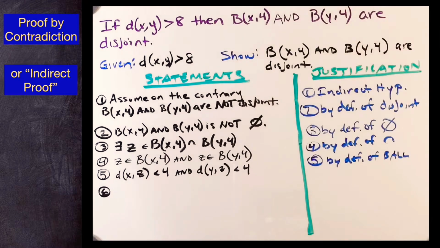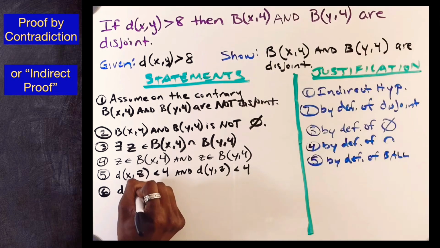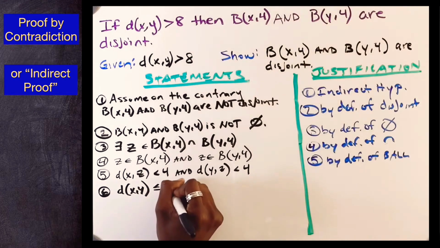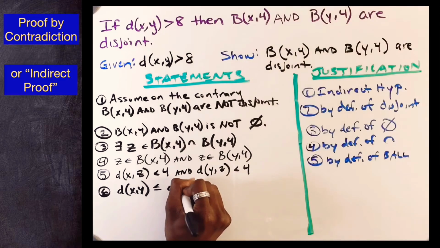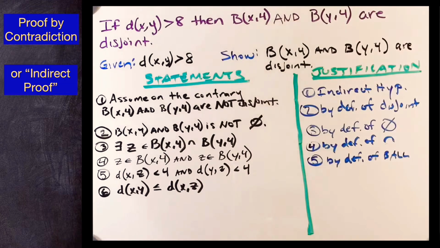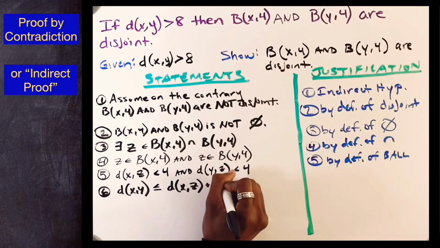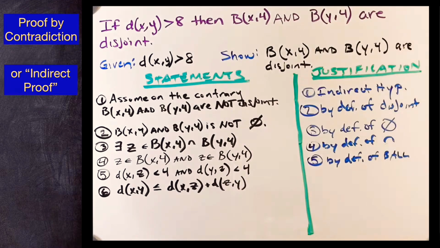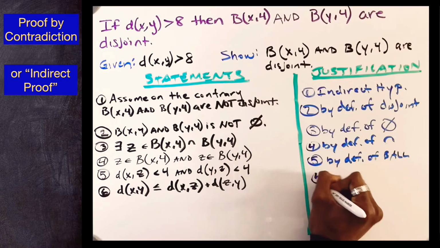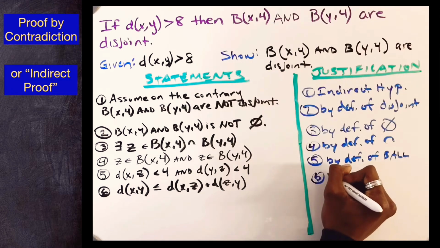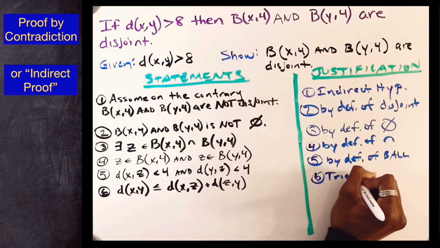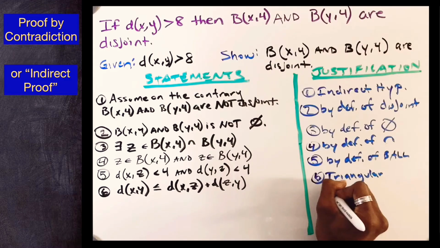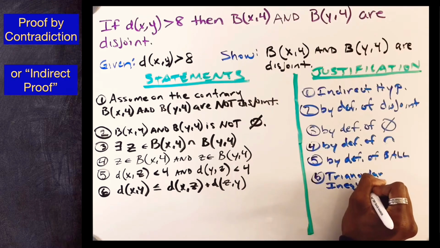So line 6 is going to say the distance from X to Y is less than or equal to the distance from X to Z plus the distance from Z to Y. This is by triangular inequality.